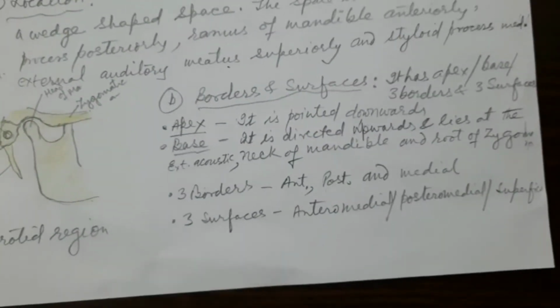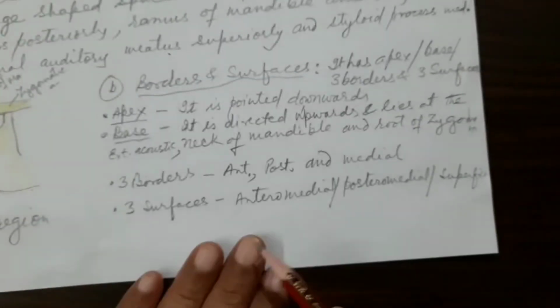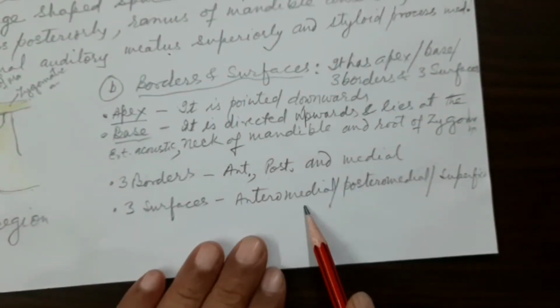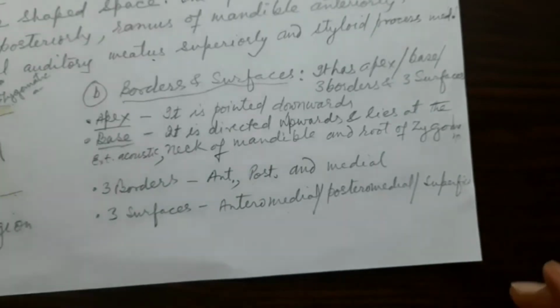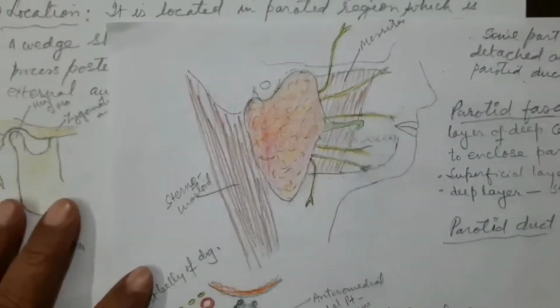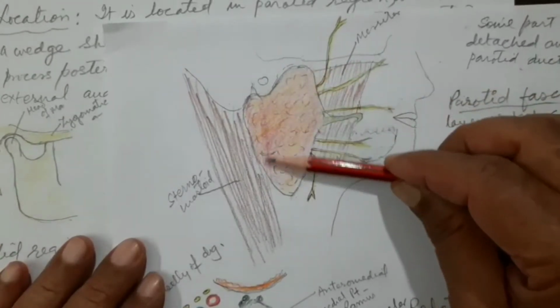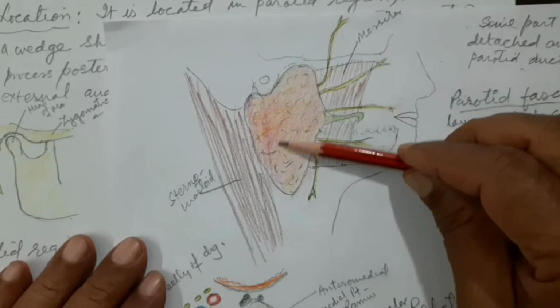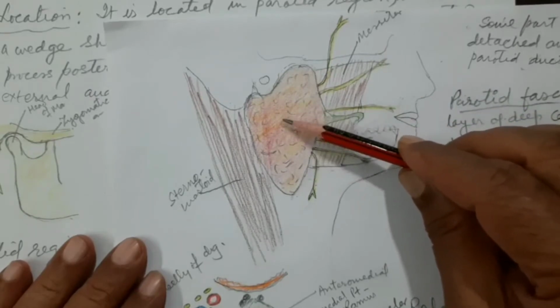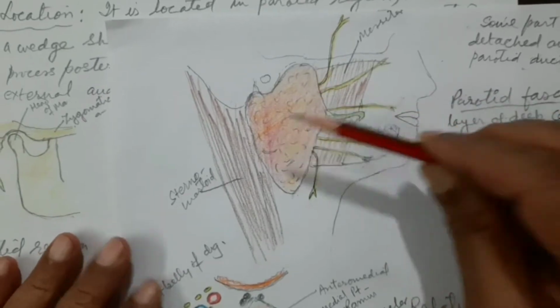And there are three surfaces. Which are these three surfaces? Anteromedial, posteromedial and superficial surface. Let us see which is the superficial. This surface which we see from the lateral aspect is called the superficial surface. That's why it is sometimes also called the lateral surface.